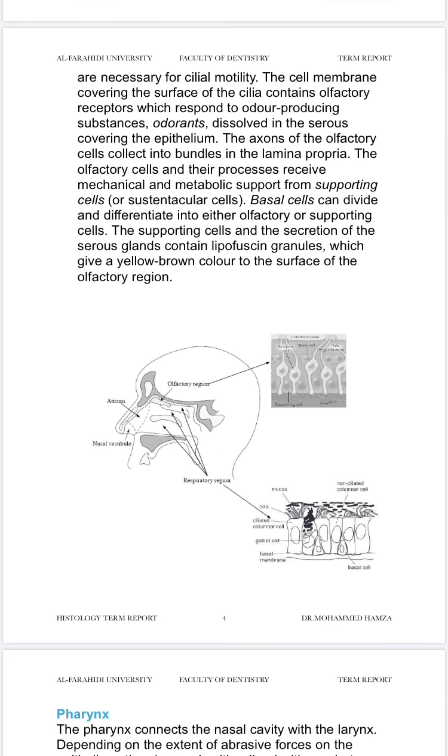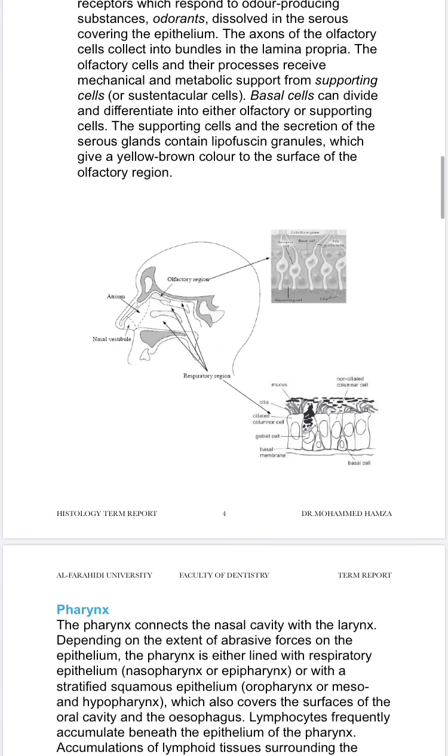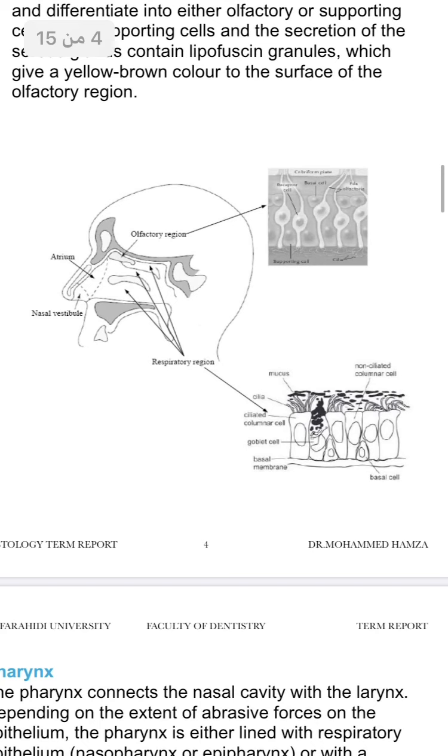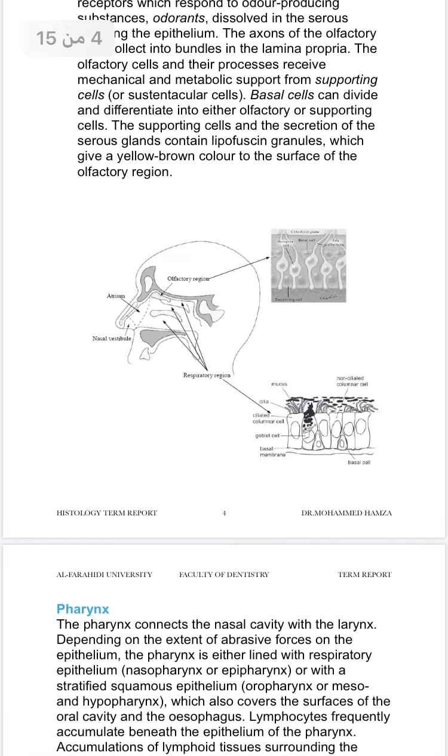The supporting cells and the secretion of the serous glands contain lipofuscin granules which give a yellow-brown color to the surface of the olfactory region. As we see in this figure, we have the olfactory region, the cells of the olfactory region, and its histology.